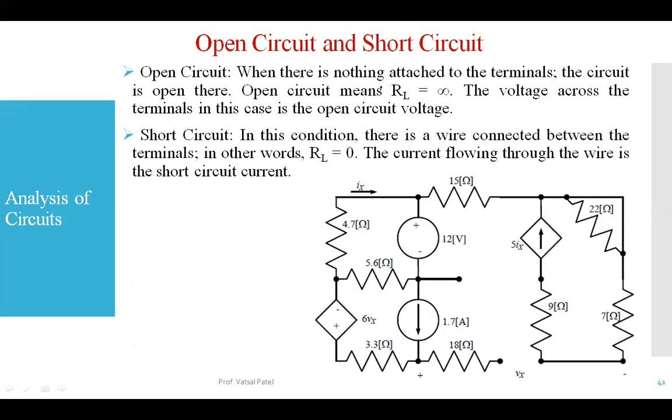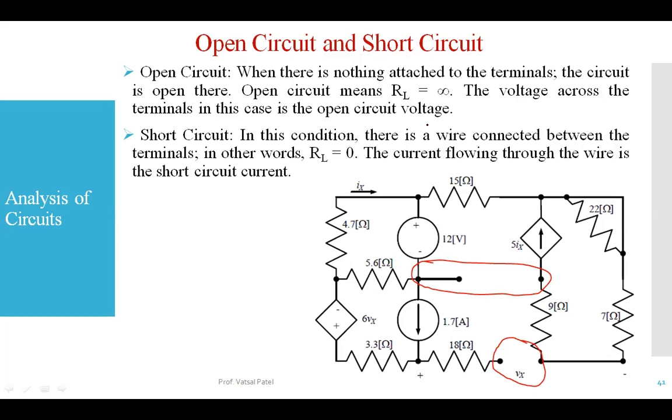The statement given over here says that for the open circuit, there is nothing attached to the terminal, that means the circuit is open. You can see over here, this is what we call the open circuit. Can we say this is an open circuit over here? According to the statement, when there is nothing attached to the terminal, the circuit will be open.